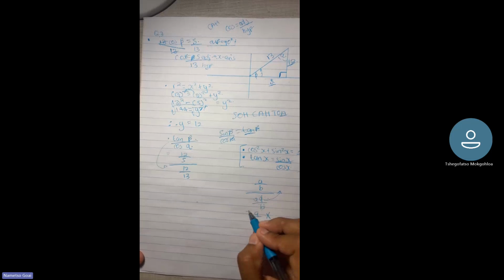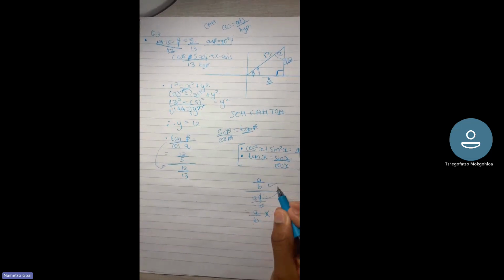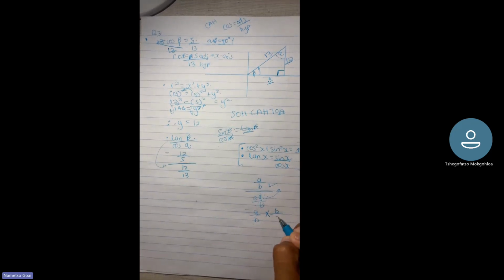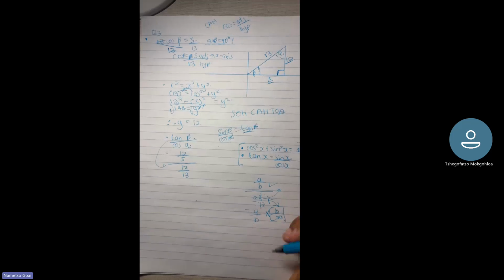Whatever was the numerator now becomes the denominator. So now you're going to have a divided by b, which is this part, multiplied by b divided by 2a. Can you see you just swapped what the numerator and the denominator were over here?